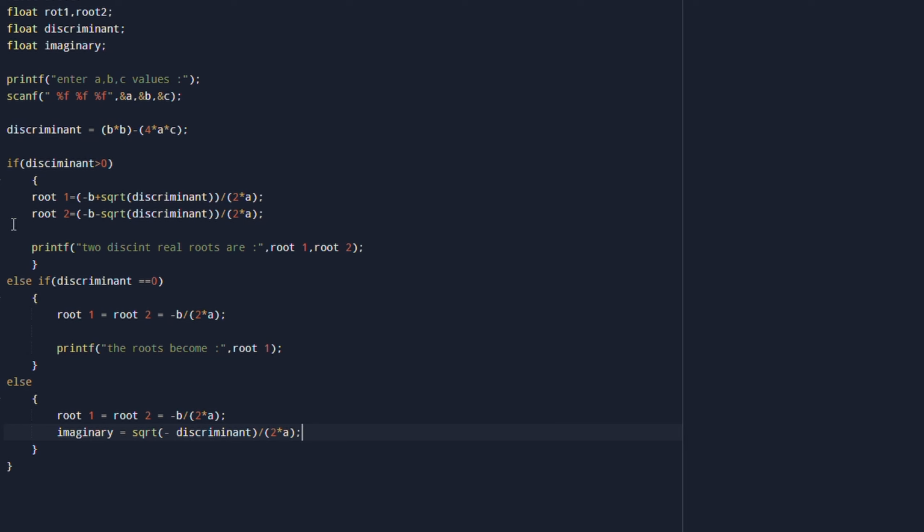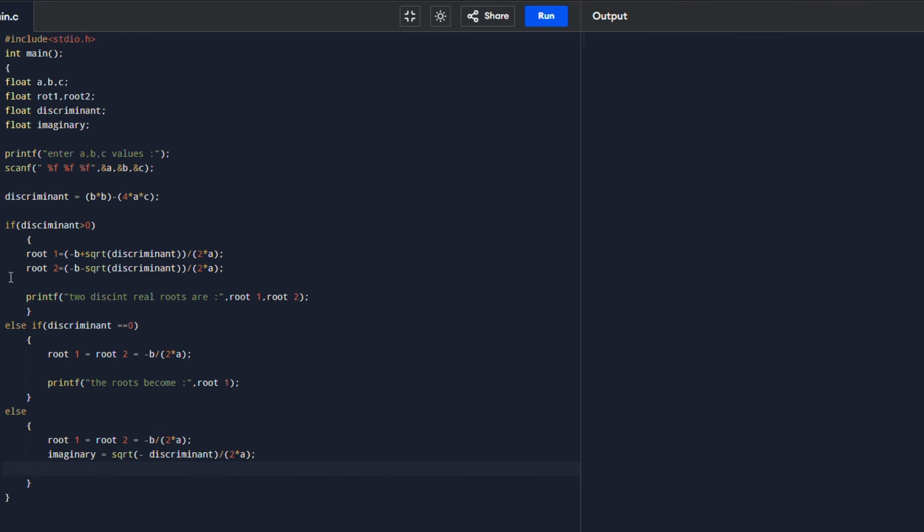Now let us print the complex roots of this condition, that is printf, percent dot 2f plus i percent dot 2f.